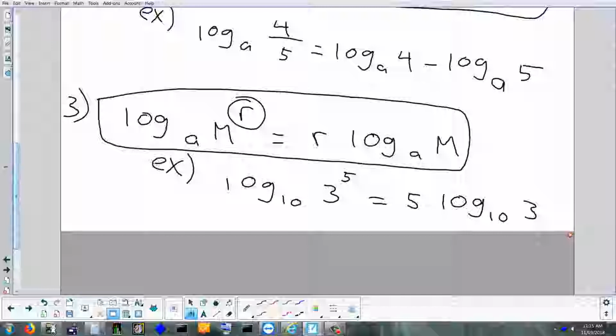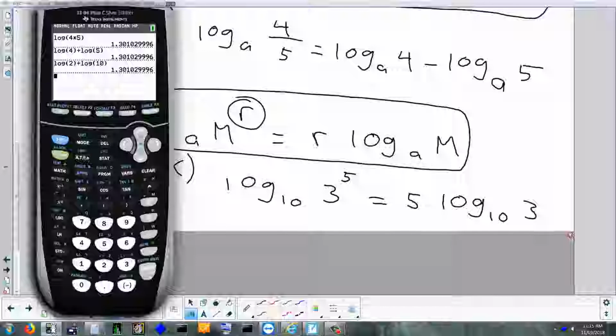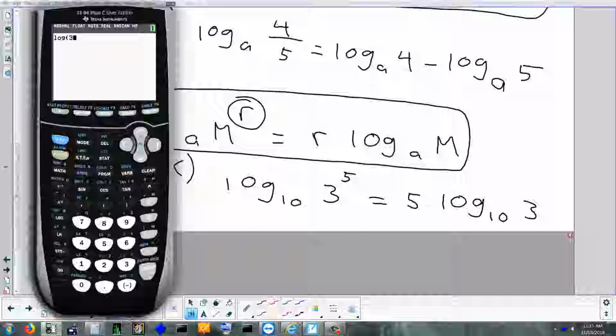So it says the log of 3 to the 5th is the same as 5 log 3. So the log of 3 to the 5th. And now if I type in 5 log 3, I get the same thing.